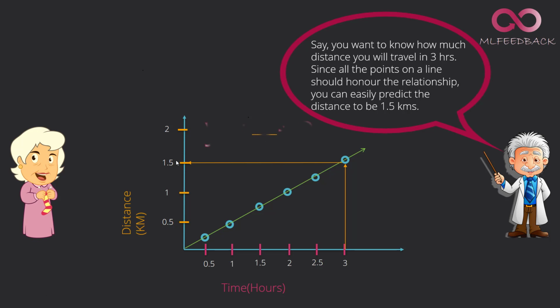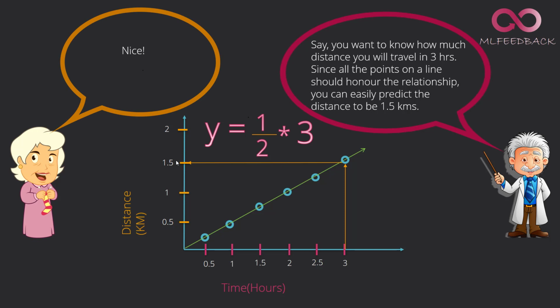Because every point on this line should honor this relationship: y equal to 1 by 2 into 3. The slope of every point remains the same. It should always be 1 by 2. That's how I predicted that you are going to travel 1.5 kilometers after 3 hours. And Granny says, nice. Mathematics makes sense, and also the real world application of slope makes sense.